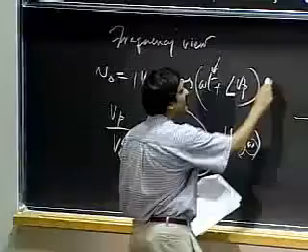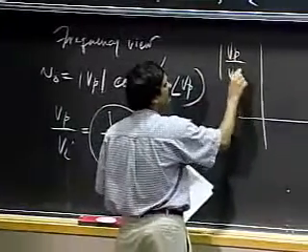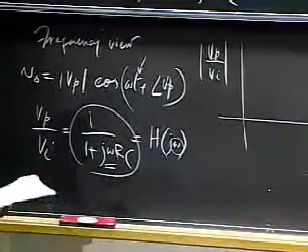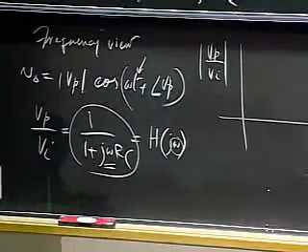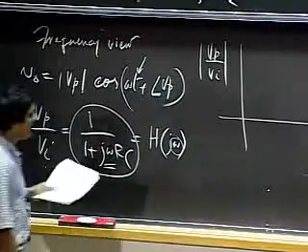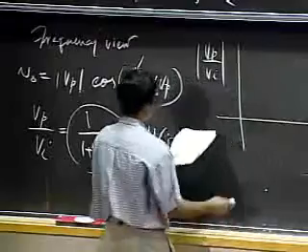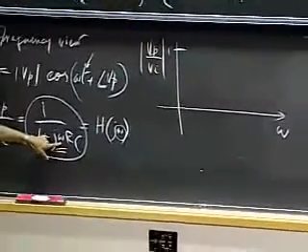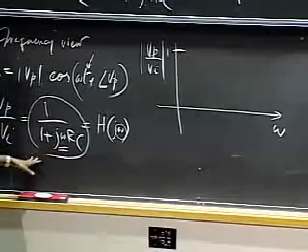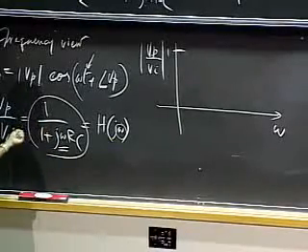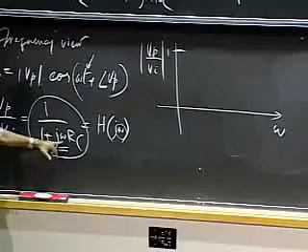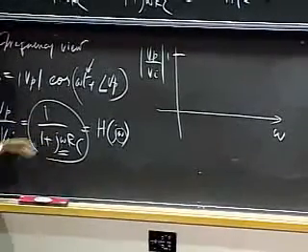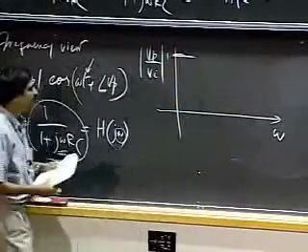As an example, I can plot the absolute value of Vp over Vi, the modulus of that, versus omega. Notice that an intuitive way of plotting this is to look at the value at 0 and at large omega. For omega close to 0, this is 1, so it starts off here.